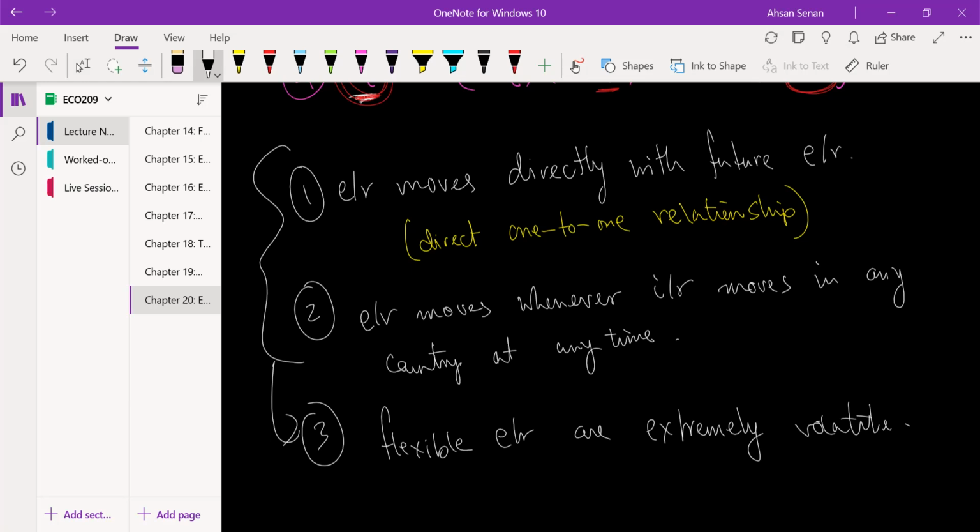So that's one of the issues with flexible exchange rate regimes, is that you guys would have noticed it yourself. The value of taka against dollar or rupee or whatever it may be is always changing. It's always changing. And it's very difficult to know what the value will be in a week's time, in a month's time. So that volatility is a big problem.